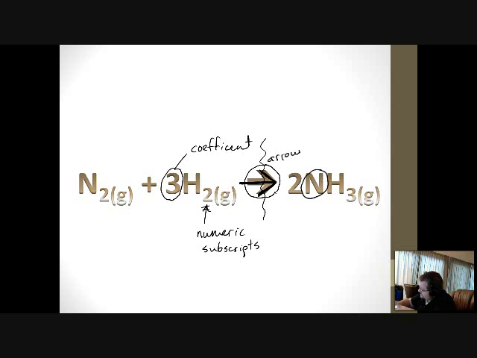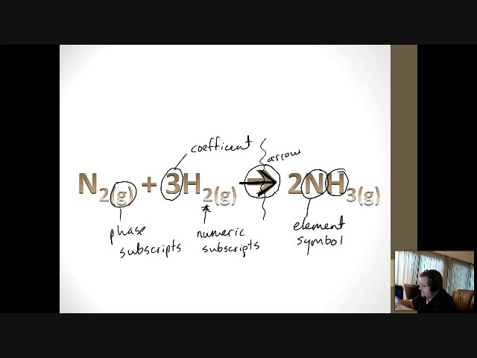We've got element symbols, our N and our H, that tell us what type of atoms and elements we're dealing with. And lastly, we've got our phase subscripts. And the phase subscripts tell us what phase that particular substance is in: liquid, solid, gas, or aqueous.